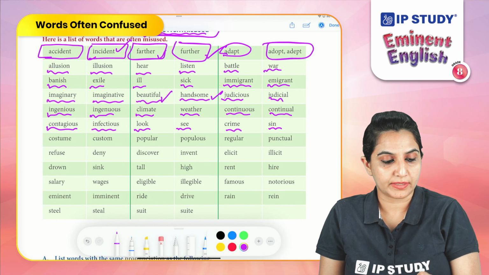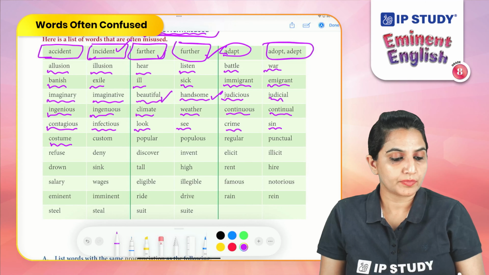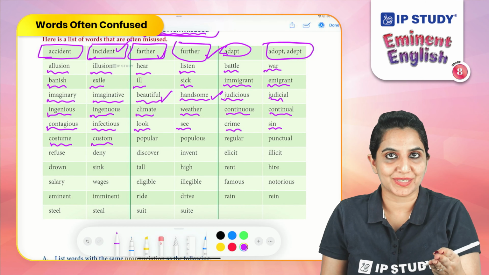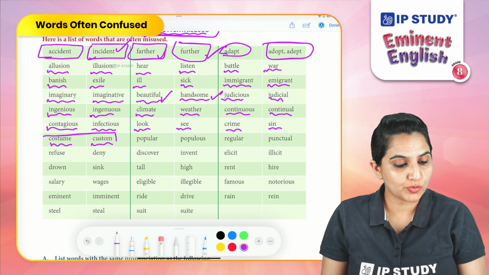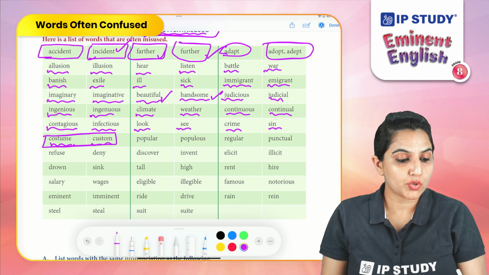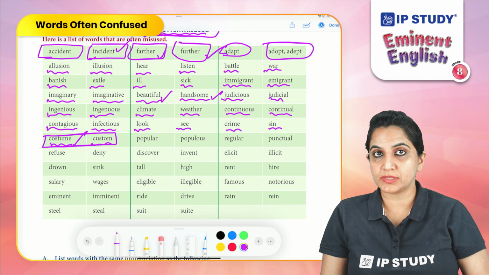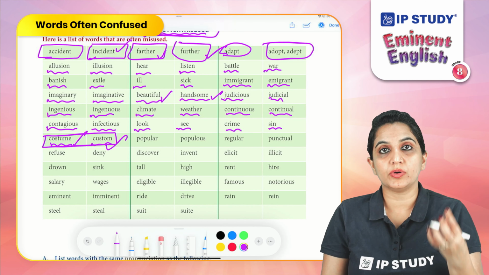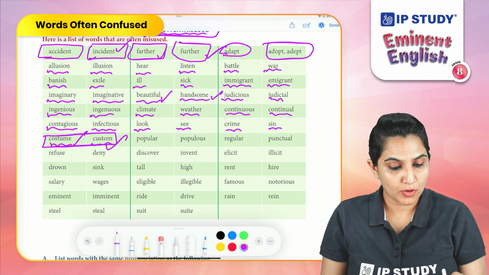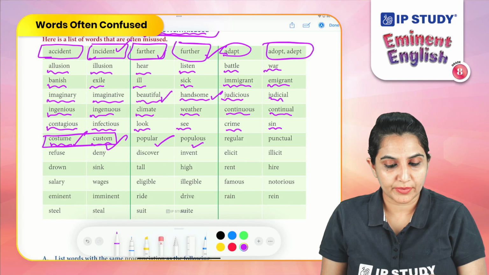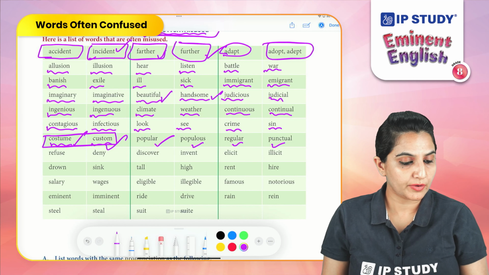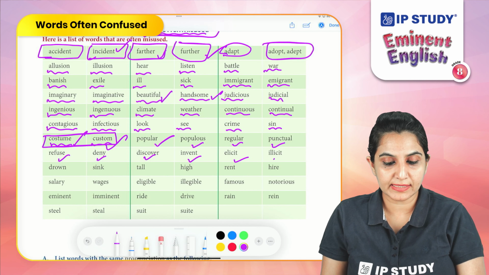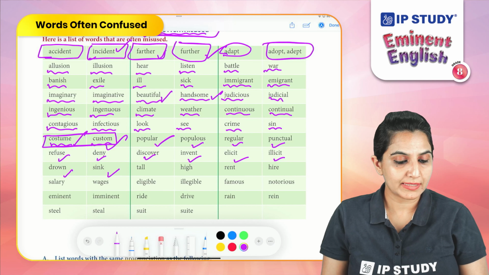Crime, sin. Custom, costume. Even I have misused it. So costume and custom. Costume is when you use a particular attire. Custom is when you follow a set tradition. Popular, populous. Regular, punctual. Refuse, deny. Discover, invent. Illicit, elicit. Drown, sink.